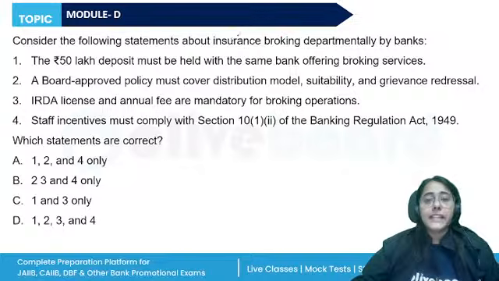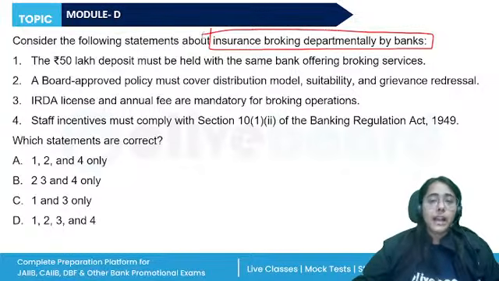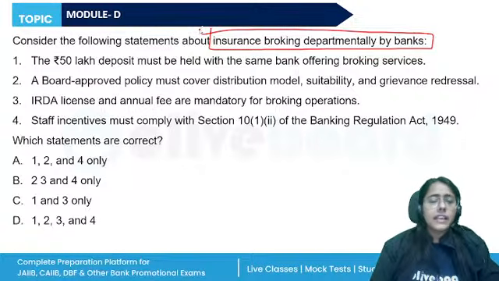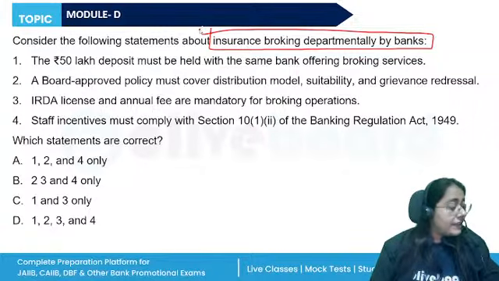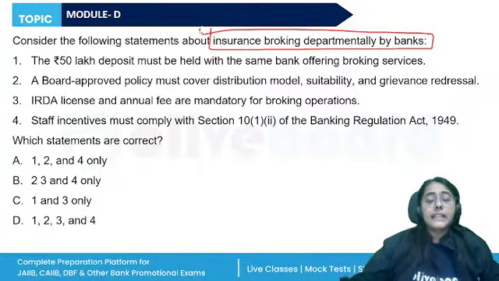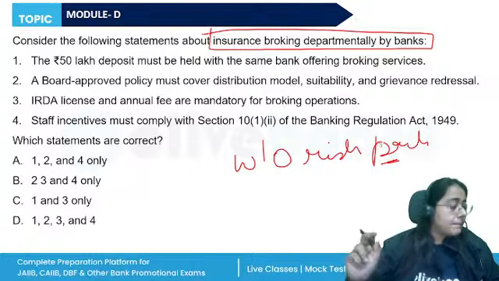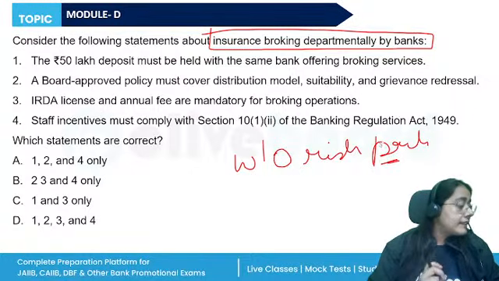Consider the following statements about insurance broking departmentally by the banks. So there are certain options. Banks can conduct the insurance business either departmentally or through setting up of a subsidiary or a joint venture. When they are doing it departmentally, they can do it without risk participation only. They cannot contribute to the risk.